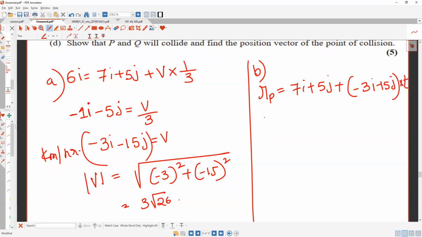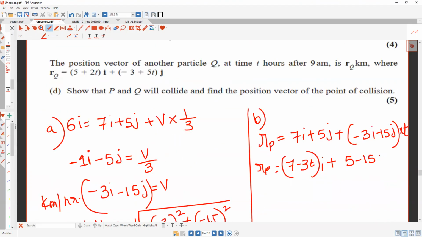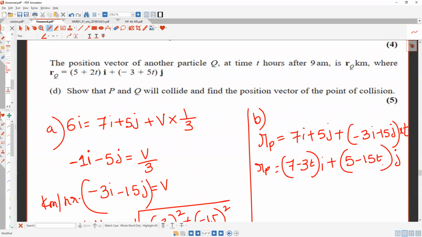So bring it together. It's 7 minus 3t i plus 5 minus 15t j. Is this clear, everyone? B part clear? Yeah, understood.